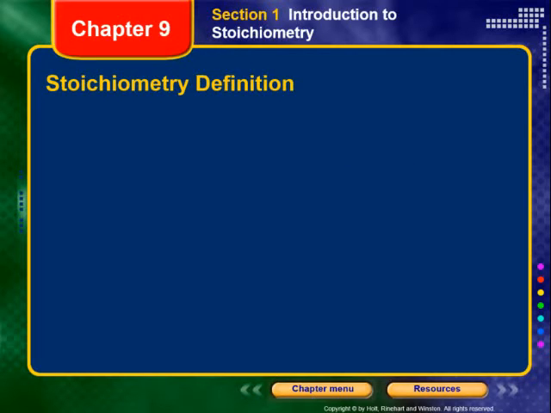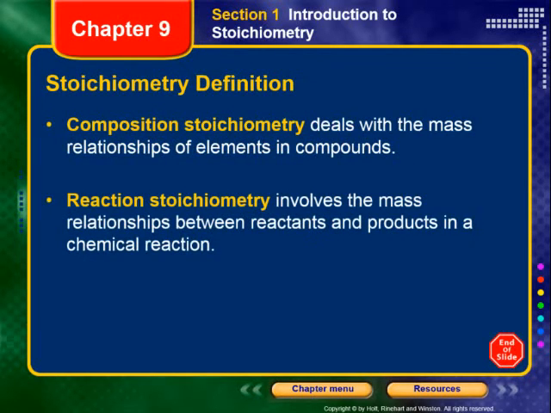We'll start with some definitions. There are actually a couple of different kinds of stoichiometry. There's composition stoichiometry, and there's reaction stoichiometry. And the difference between the two really lies in their descriptor. Composition stoichiometry deals with the mass relationships of elements in compounds, within this single compound.